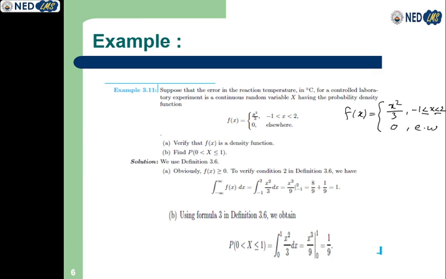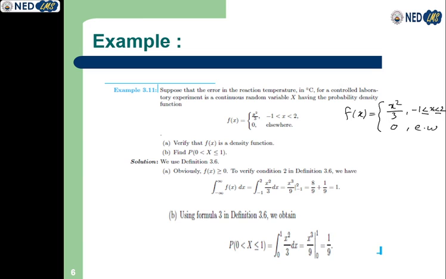How could you identify this is a continuous random variable function? Because this is the interval range in which we predict the continuous random variable. So if x lies between -1 and 2, then f of x equal to x square upon 3. This is the function of x.